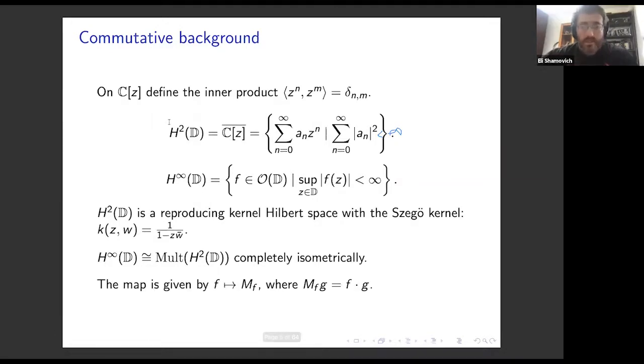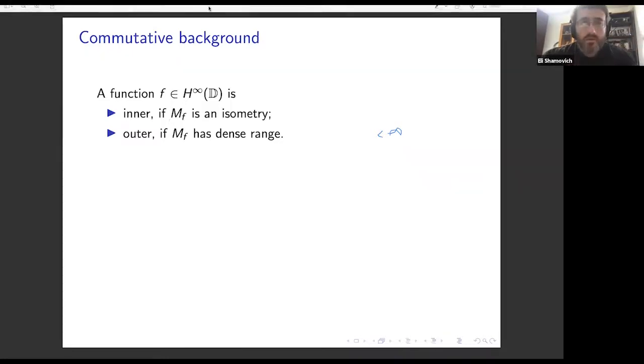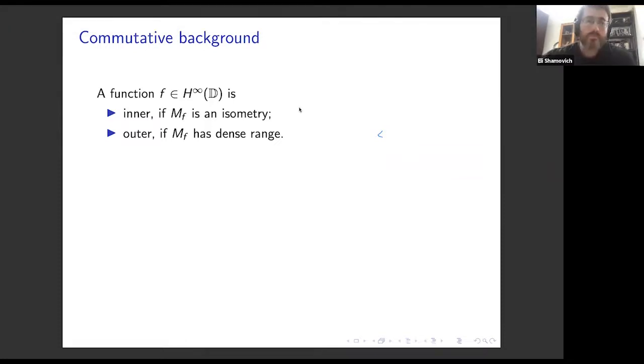And this map is just given by sending a function to the operator of multiplication by this function. We call a function f inner if M_f is an isometry, and outer if this multiplication operator has dense range.